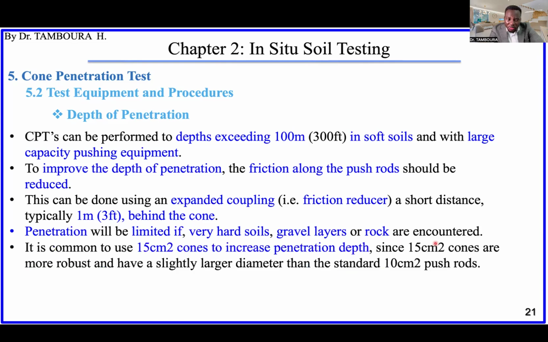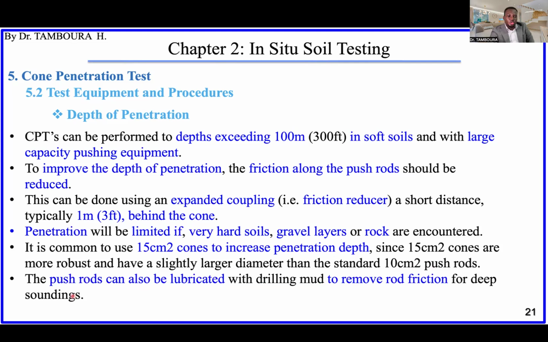So it is very common to use a 15 square centimeter cone to increase the penetration depth, because this cone is very robust and has a slightly larger diameter than the 10 square centimeter one.